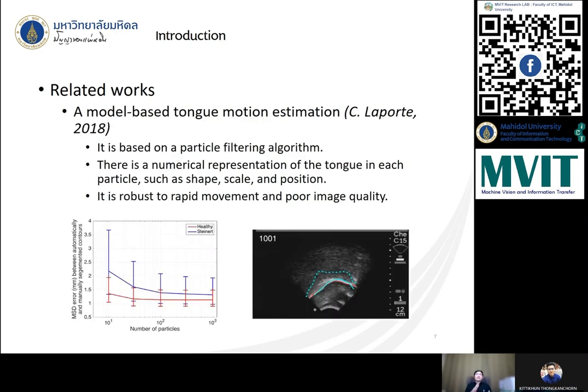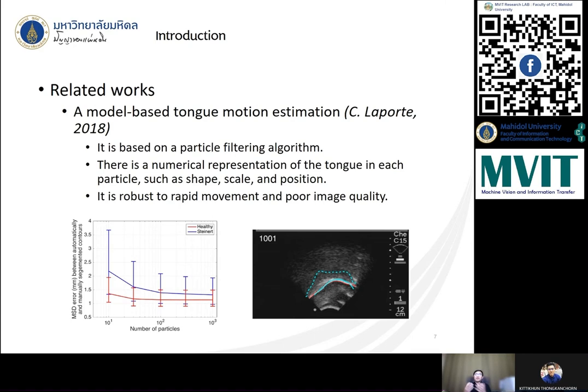Also, in the year 2018, this one relied on ultrasound images and used a particle filtering algorithm. They represent the tongue by using information like shape, scale, and position in numerical representation, and then use that to track the motion of the tongue area. This technique is quite robust, especially to the rapid movement of the tongue.